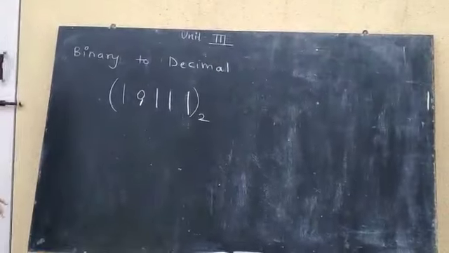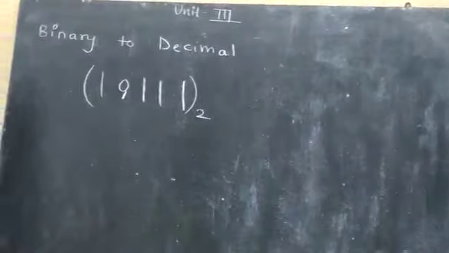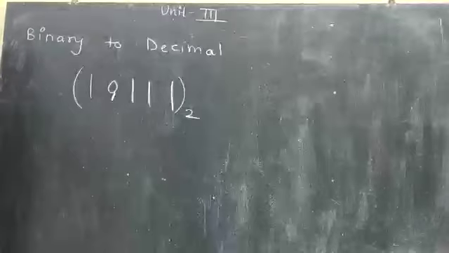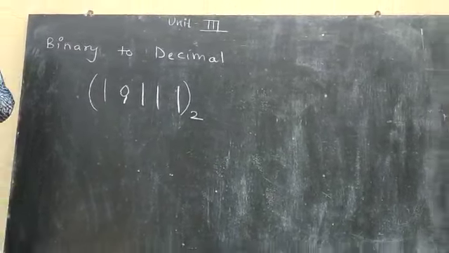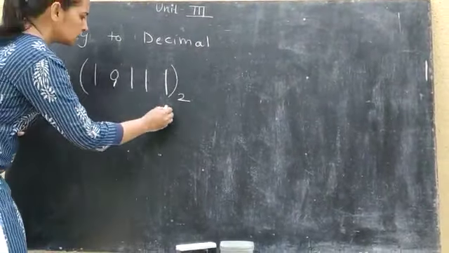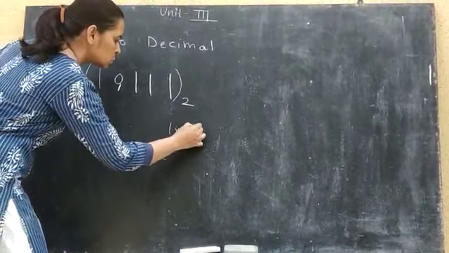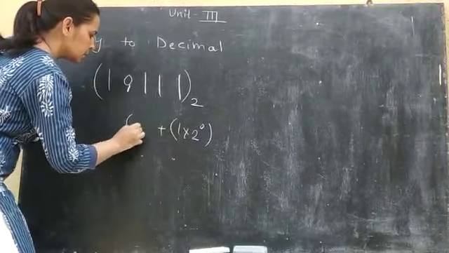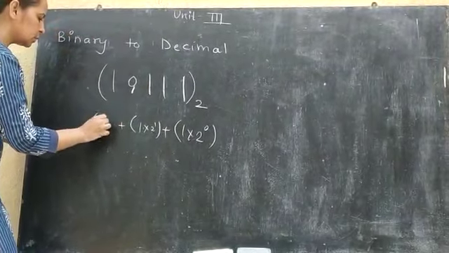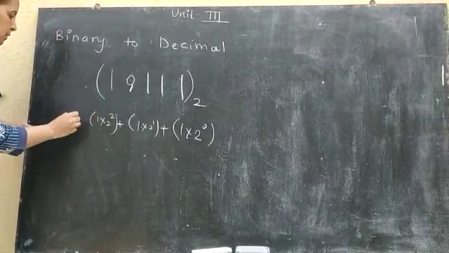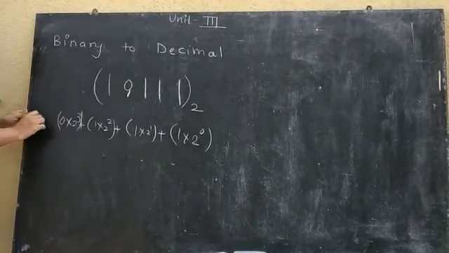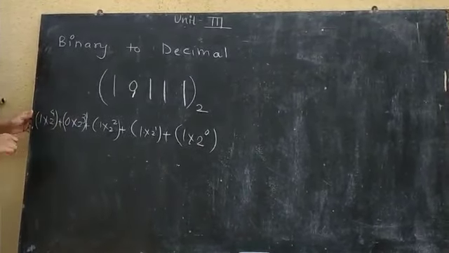Now I'll show you how to convert it into decimal. The base of this number system is 2. So simply go on multiplying by increasing power of 2 towards the left-hand side. So this will be 1 into 2 raised to 0, this 1 into 2 raised to 1, this 1 into 2 raised to 2, then this is 0 into 2 raised to 3, and 1 into 2 raised to 4.